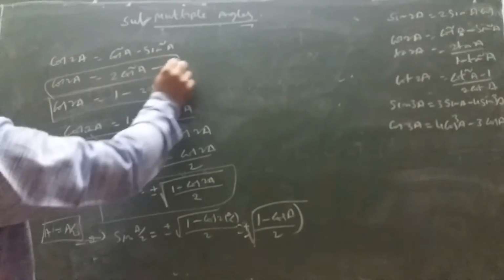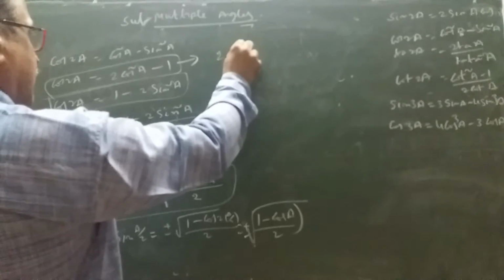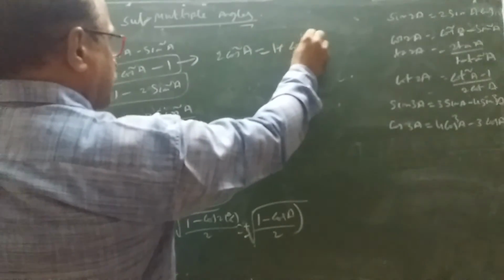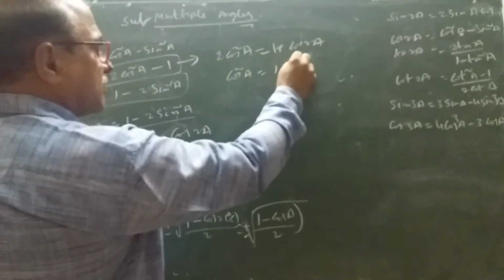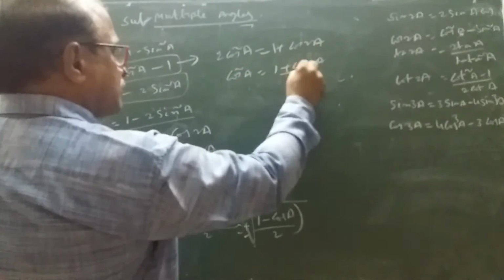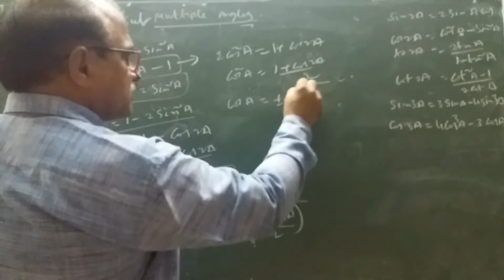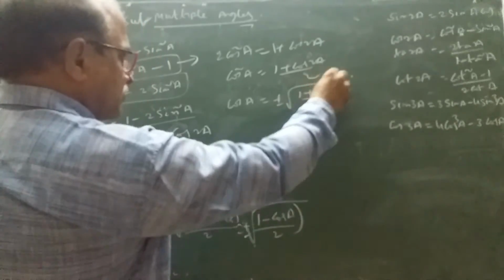From taking this one, 2 cos square A is equal to 1 plus cos 2A. Cos square A is equal to (1 plus cos 2A) by 2. That implies cos A is equal to plus or minus root of (1 plus cos 2A) by 2.